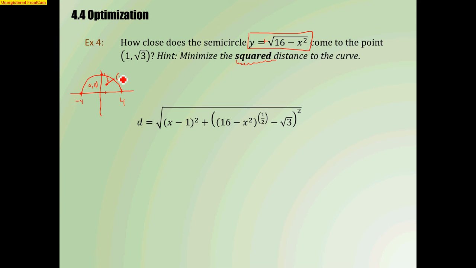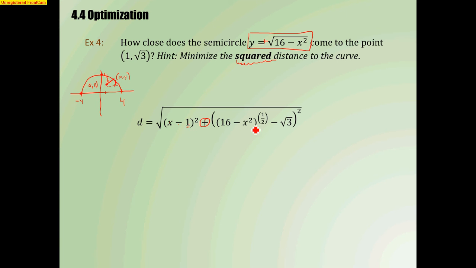And I'm looking for that point. So I go to the distance formula. The formula is just Pythagoras, right? So it is the sum of the squared distances. Remember this x is 1, so how far is it to the x-coordinate? The x-coordinate minus 1, plus the y height minus root 3.